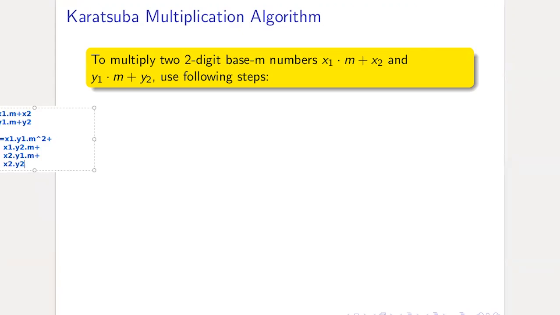So you can see when we are multiplying two numbers n1 and n2, we need 4 multiplications: x1 y1, x1 y2, x2 y1, x2 y2.